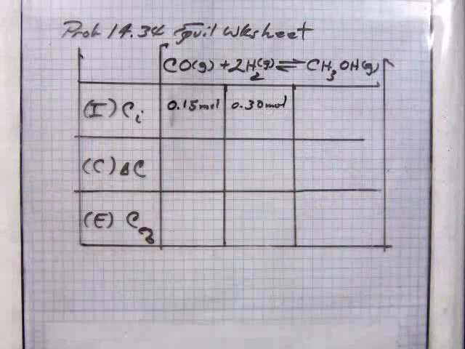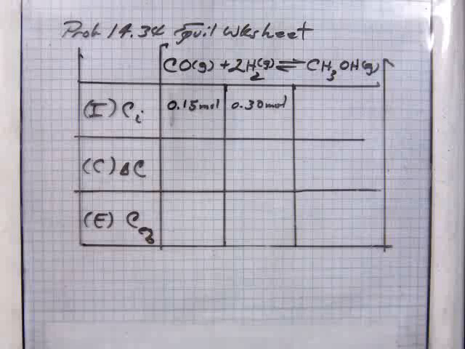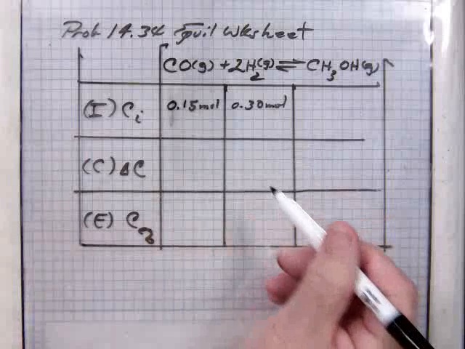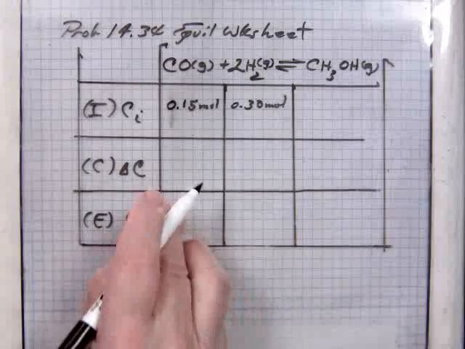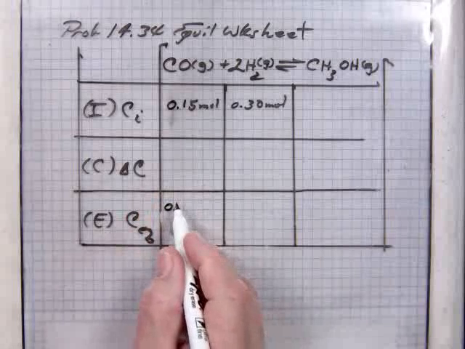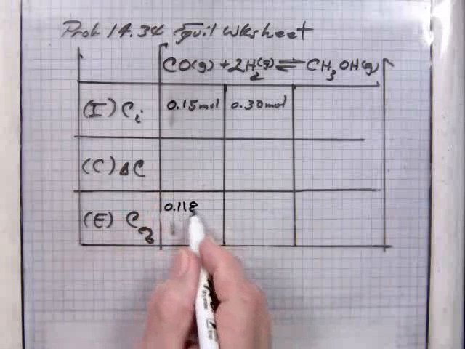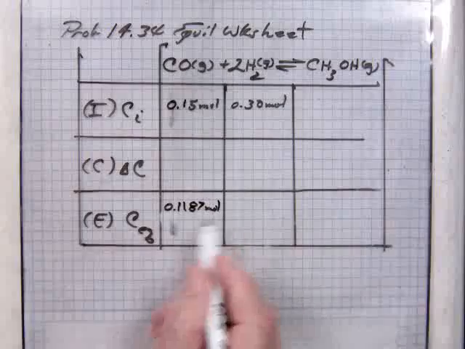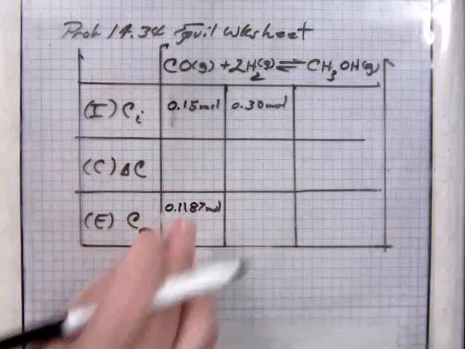When this mixture came to equilibrium at 500 Kelvin, the vessel contained 0.1187 moles of carbon monoxide. So we're at 0.1187 mole of the carbon monoxide.